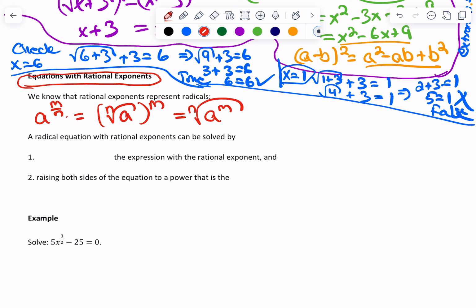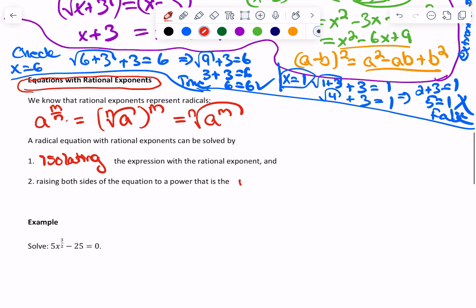Either way is correct. So a radical equation with rational exponents can be solved by isolating the expression with the rational exponent and raising both sides of the equation to a power that is the reciprocal of the rational exponent.